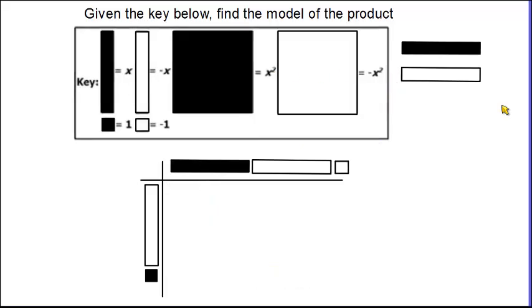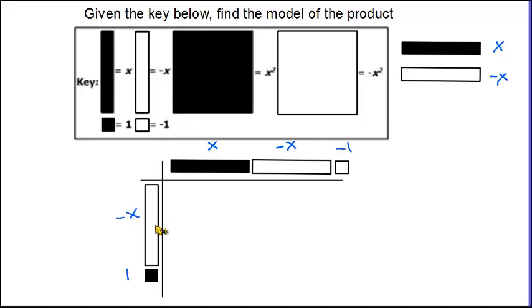Alright, let's have another one. So note that this is x, so let me just write x here. This one is negative x. Again, let's write this. The representation for this model, this one is a negative x, this one is a positive 1, this is positive x, this one is negative x, and this is negative 1.